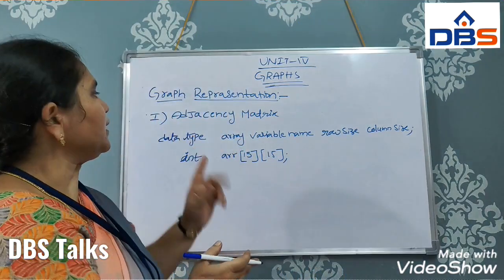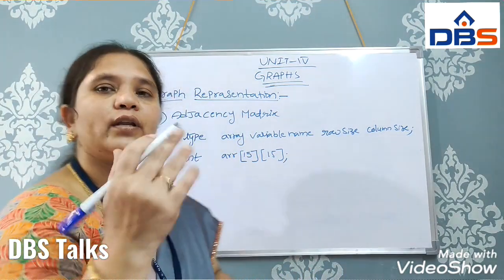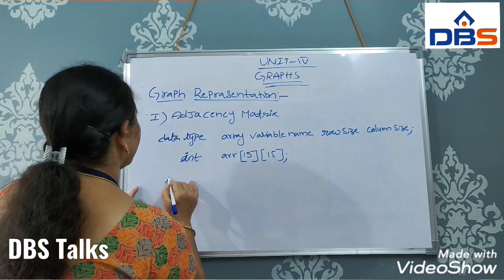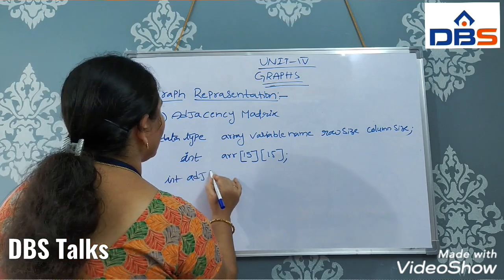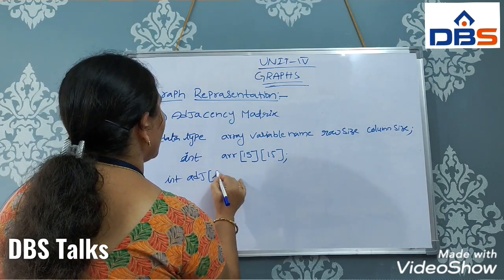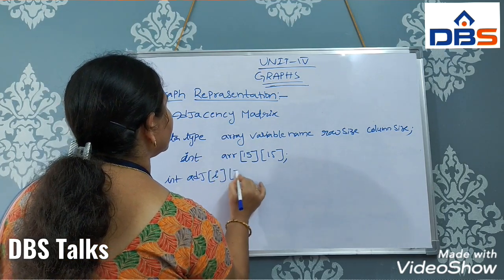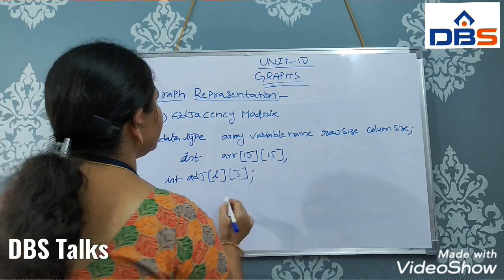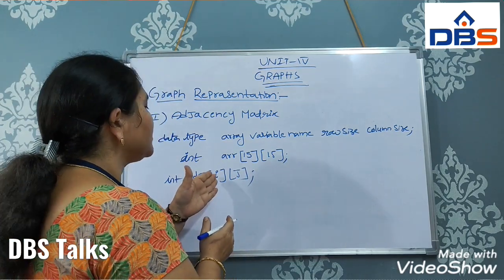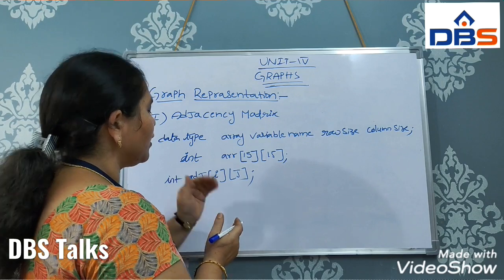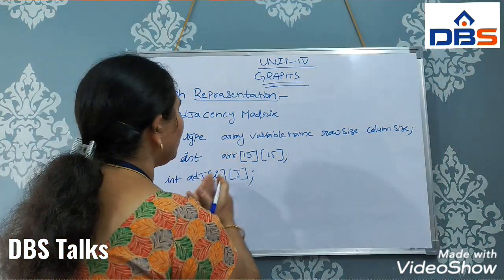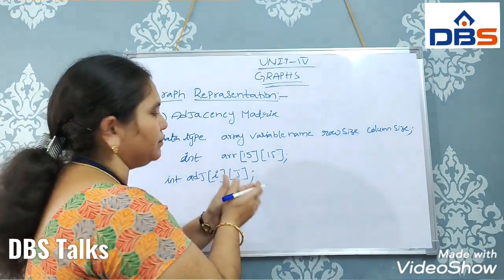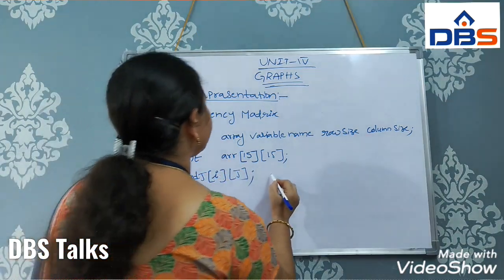So to represent an adjacency matrix, we need to use int ADJ of i and j, where i is the row and j is the column. That is the size of the row and this is the size of the column.